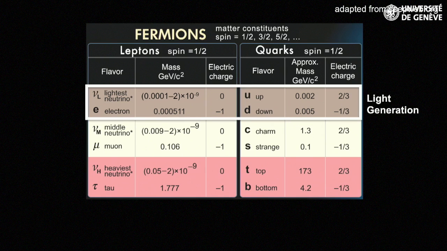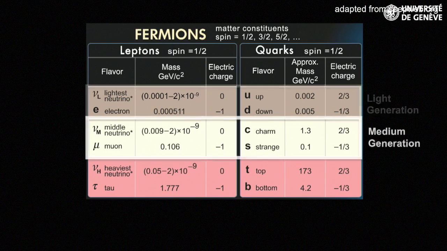Every family has 3 generations, almost identical copies of the first one, but a lot heavier than the first one. In the first generation, we find the familiar electron, the light neutrino nu L, the quarks up and down, U and D. These are the constituents of the ordinary matter around us today.